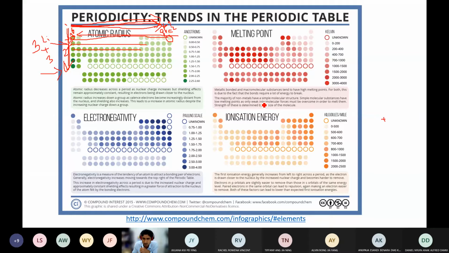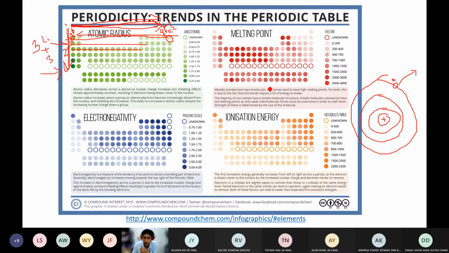Let's say this is one nucleus here, and this is one orbital. This is N2, this is N3, something like that. So in gaseous phase, I want to remove this electron. Okay, this is an electron. The electron is attracted by this nucleus, and I want to remove it from here.